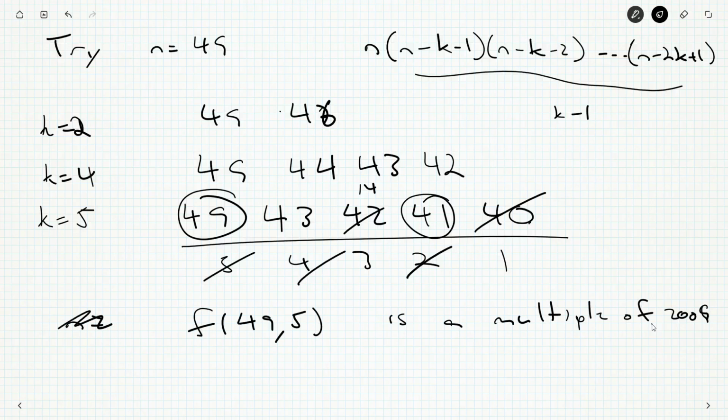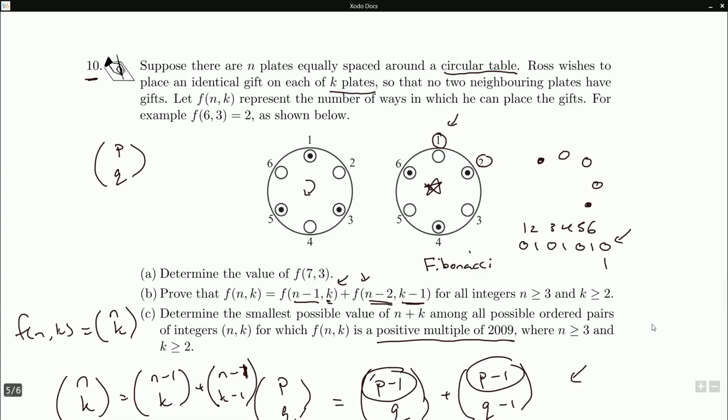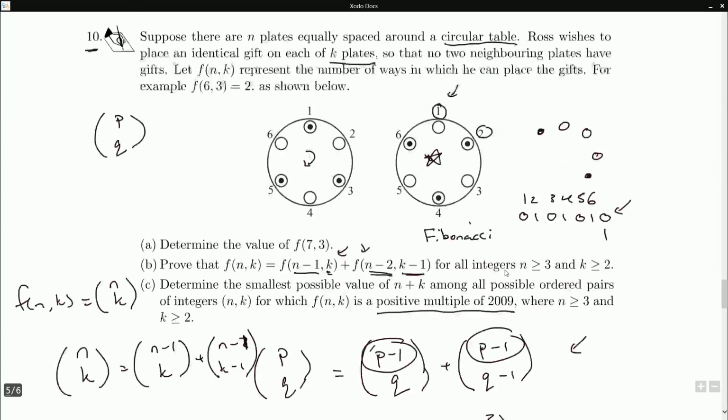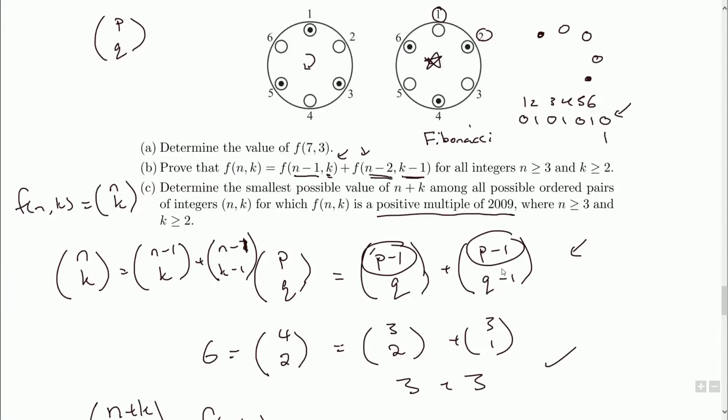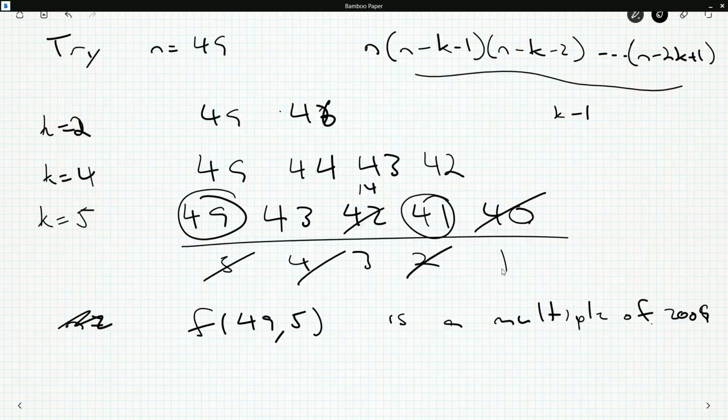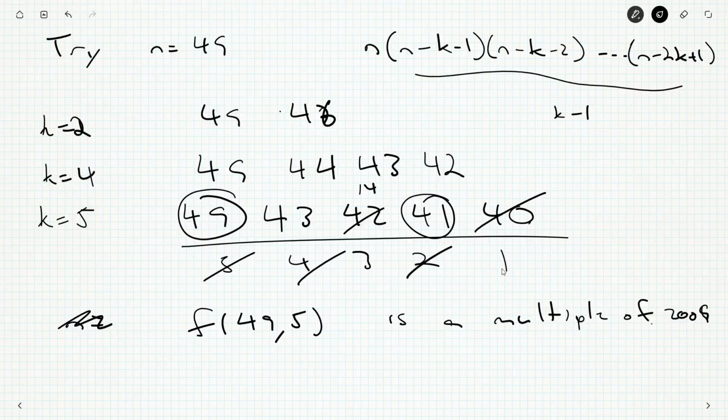Now we want the smallest one, but they want n plus k to be as small as possible. Well, I suspect that the closer the numbers are together, the smaller the sum will be, but this has n plus k is 54.